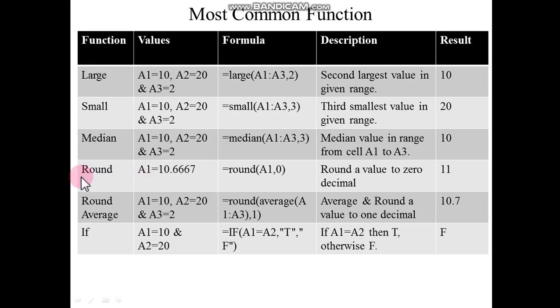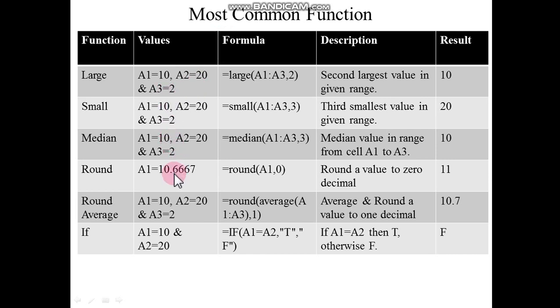Another function is ROUND. It rounds the values after the decimal. For example, it seems awkward if the answer is 10.667, which is the average value we recently found of the given observations, that is 10, 20 and 2.